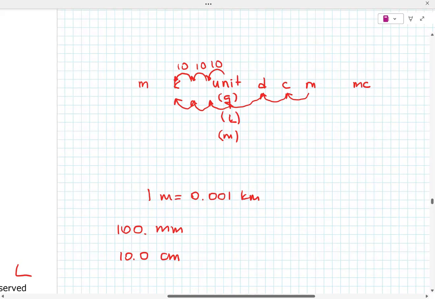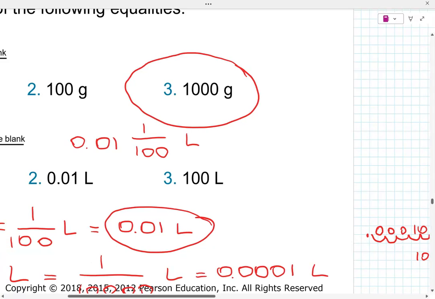So we have to move that decimal point 1, 2, 3, 4, 5, 6 steps, right? Okay, so it's going to be 0.0001 kilometer. Choose whatever you prefer. Okay, I would suggest use both to check yourself, you know.